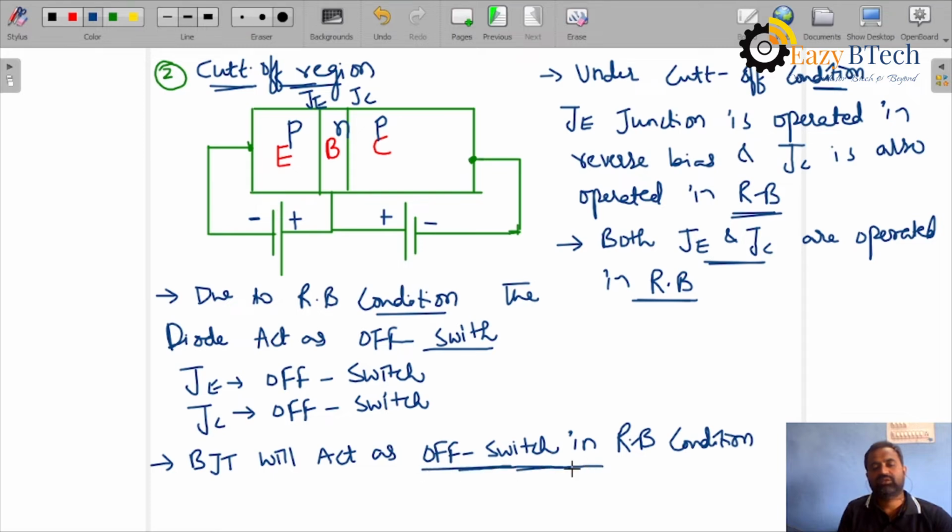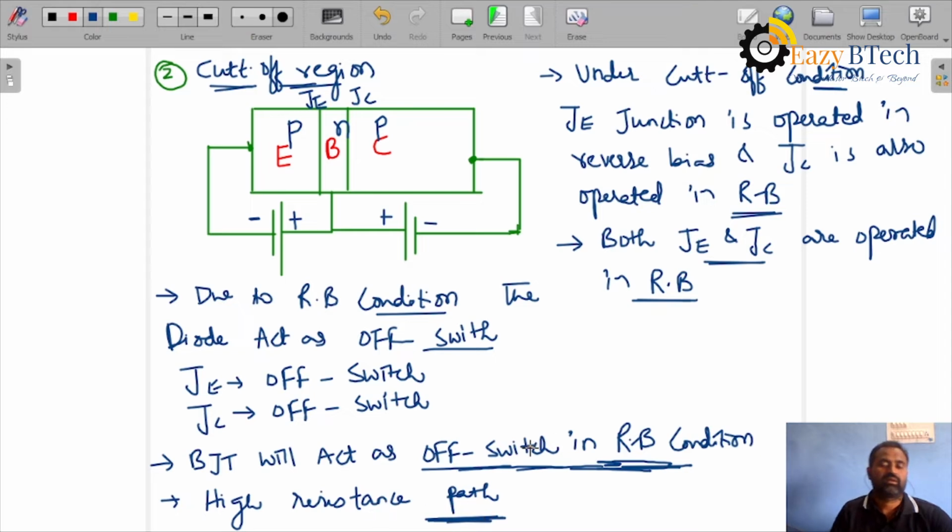That is why, due to reverse bias, low conductivity means a high resistance path. This is about the cutoff region.